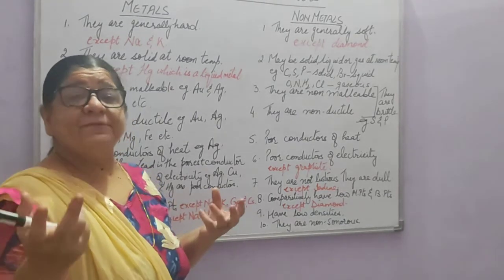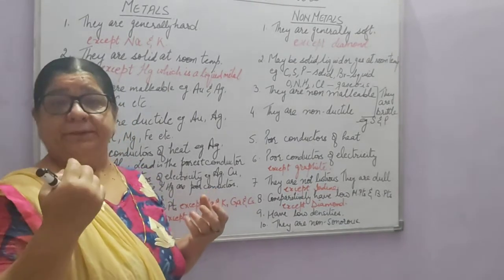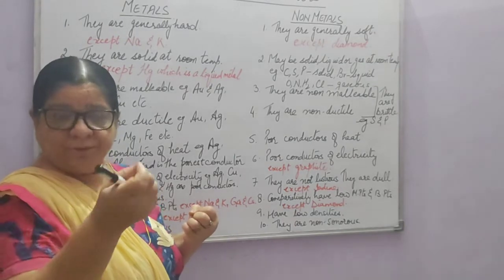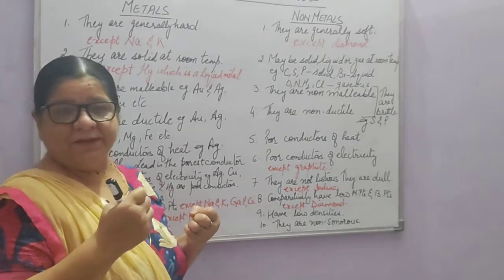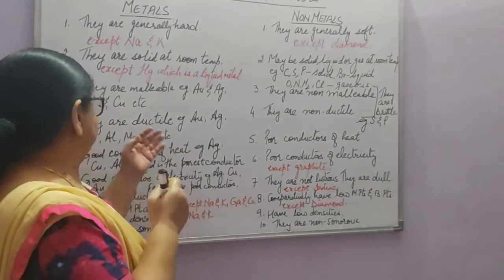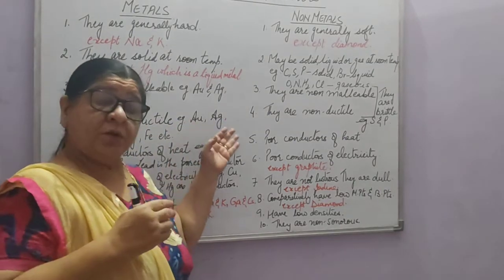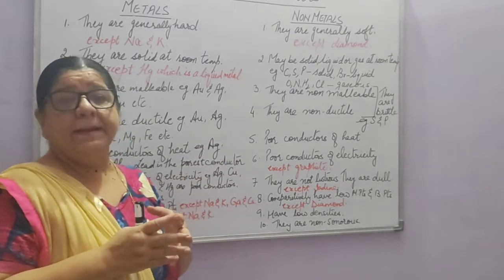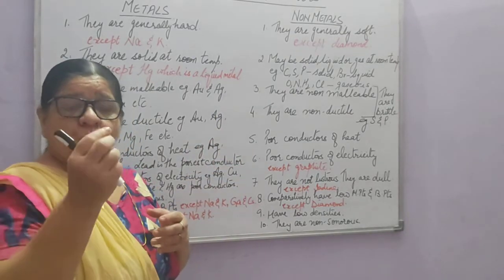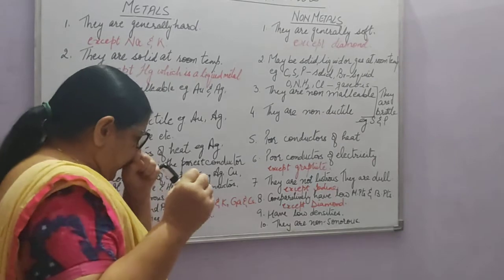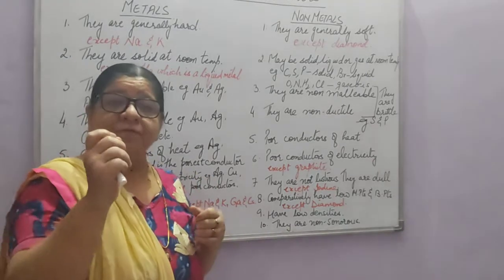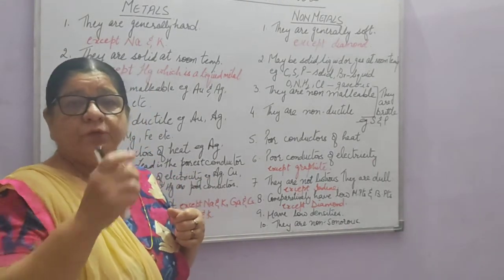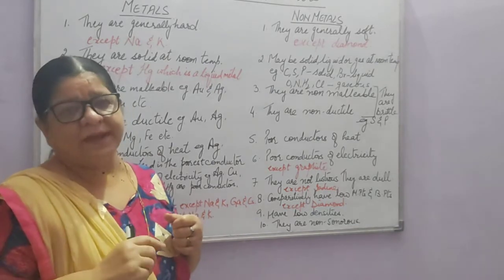Then copper wires, which are used in the household for passing the electric currents also. Then silver and gold, they are the most ductile metals. You know, just from 1 gram of gold, 2 meters long wire can be drawn.